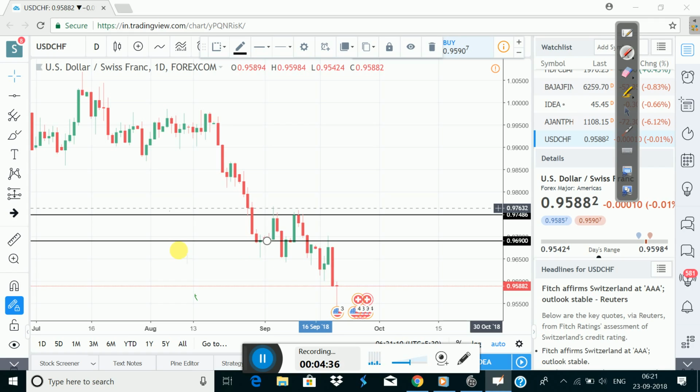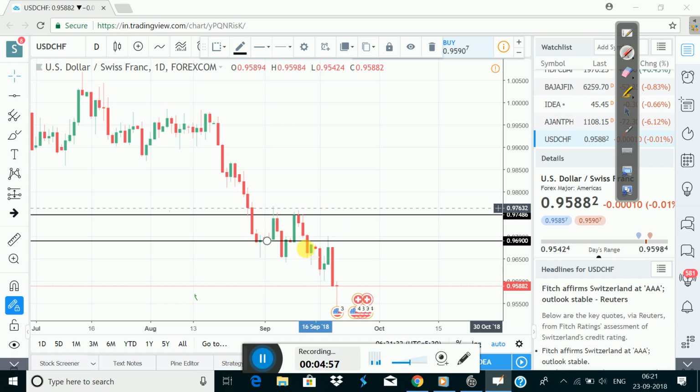I'm going to go over the concept of false breakout in a little bit more detail in my upcoming videos. But for this video, what you need to understand is the market created a false breakout right over here and it immediately came up. Now, after coming up, the market again broke out right over here.